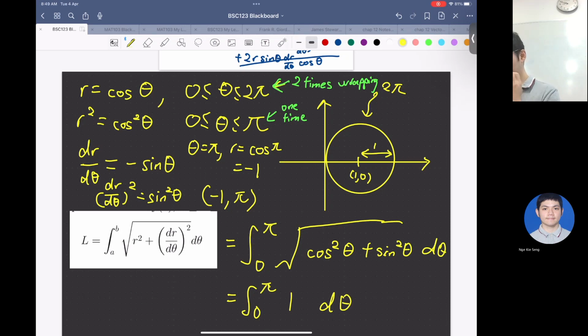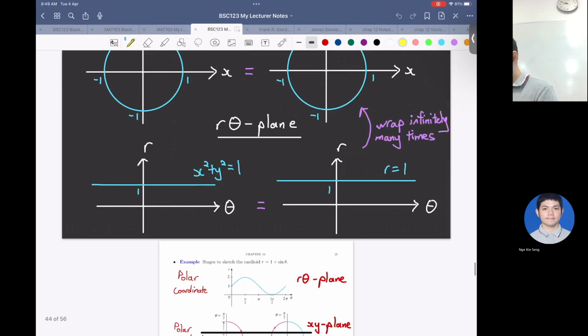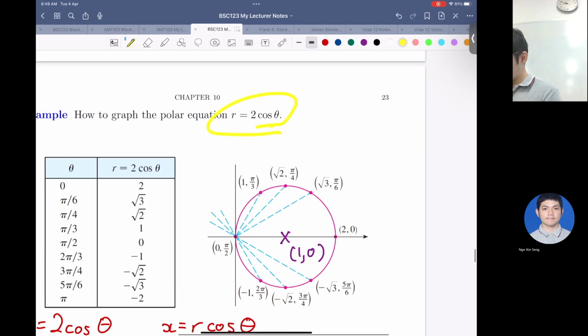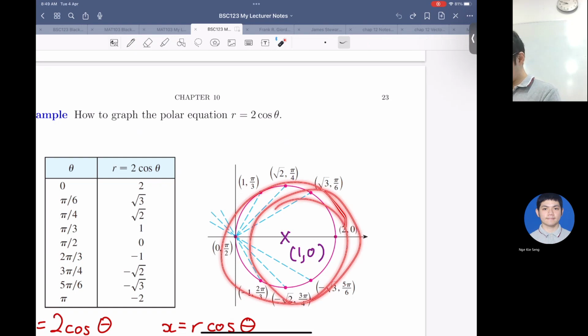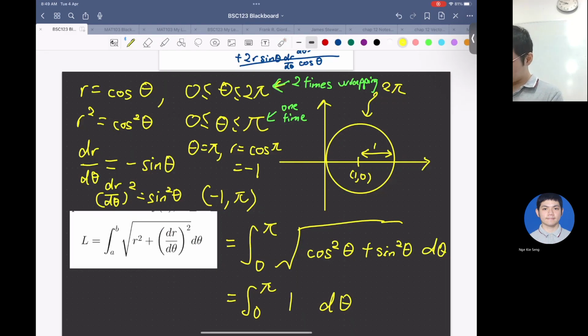Am I doing something wrong here? I'm pretty sure we started with the wrong function. Let's go back and look for that example. We want to start with this function: 2 cos theta. The 2 here will help you shift this. So start with 2.